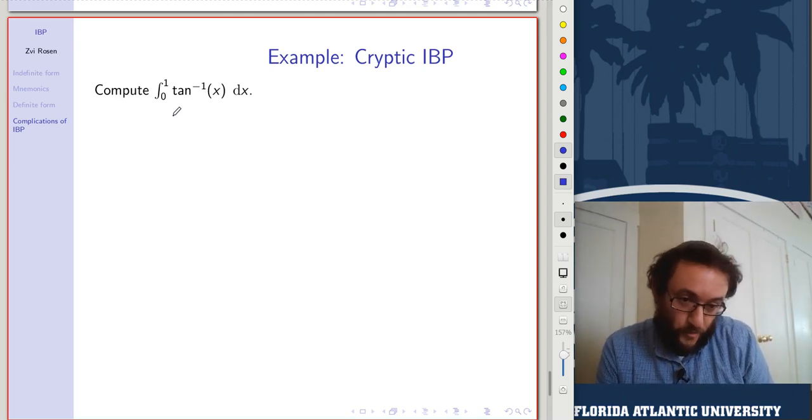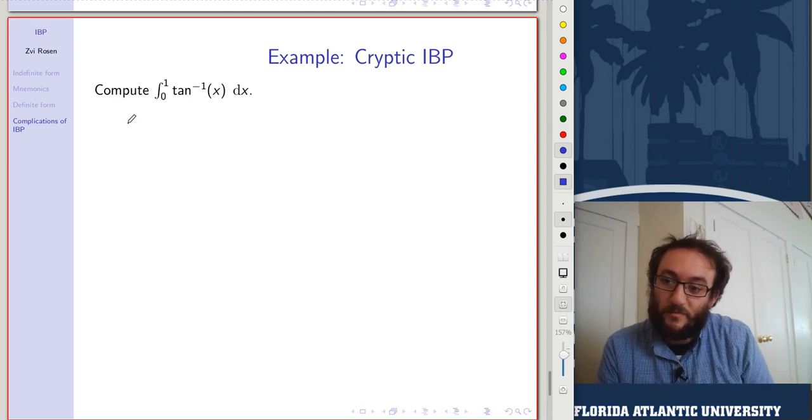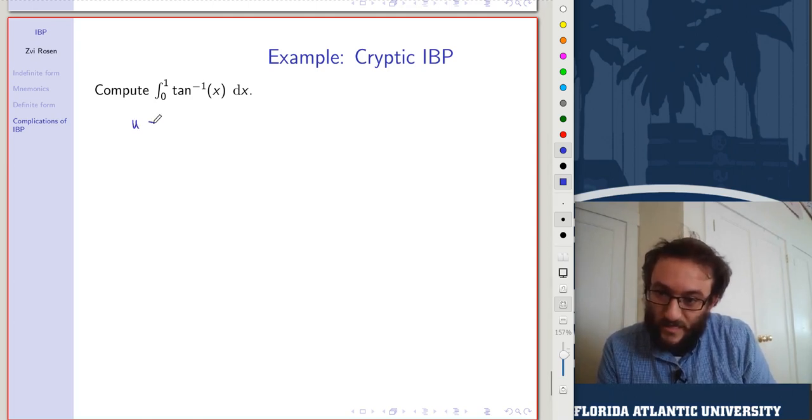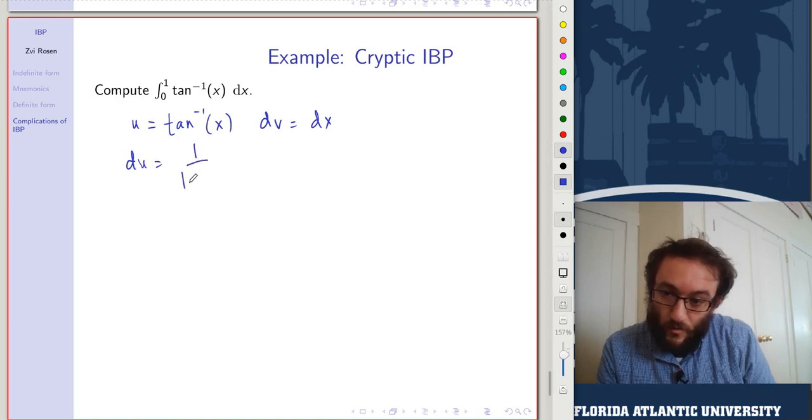But we know this is a cryptic integration by parts problem, so we're going to guess that u is equal to arctangent of x, and dv equals dx. And this means that du equals 1 over 1 plus x squared dx, and v equals x.